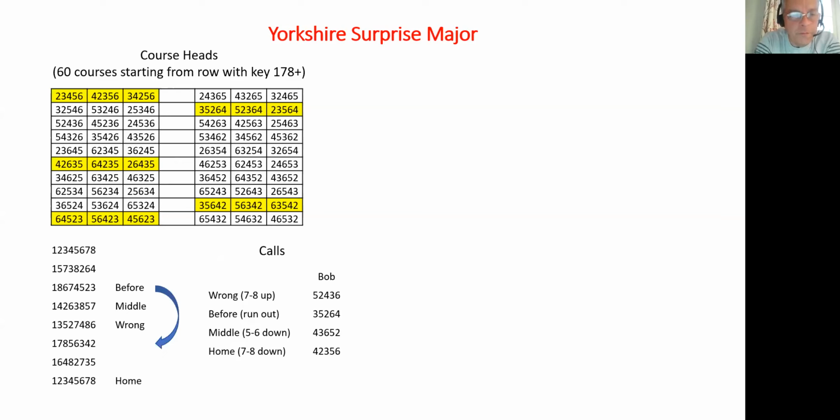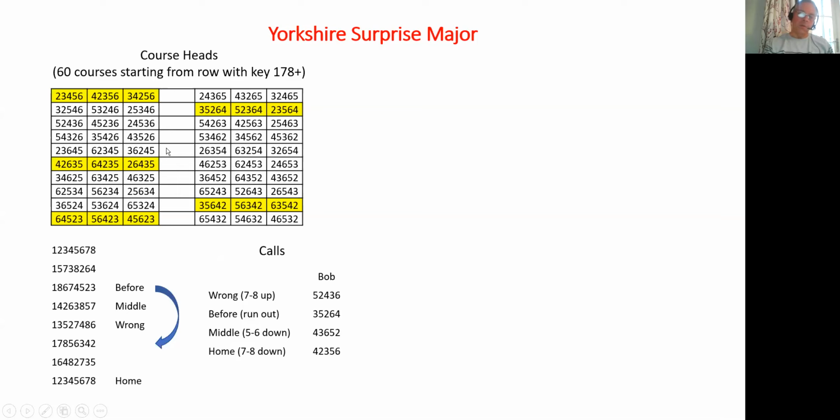The way I've put this table together is that on the left hand side and on the right hand side, each side on the other side of the table shows you the false course that relates to that particular course. So what I mean by that is where we've got 2, 3, 5, 4, 5, 6 appearing on the left, the false course head for that is 2, 4, 3, 6, 5. Just looking at another one at random, 2, 5, 6, 3, 4 on the left. The false course head for that is 2, 6, 5, 4, 3.